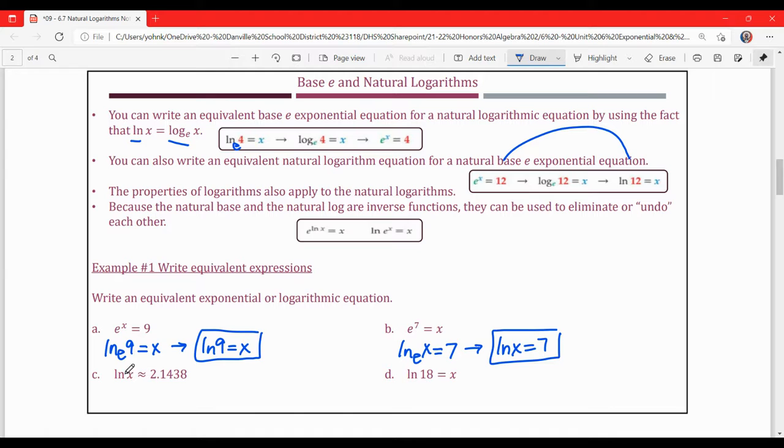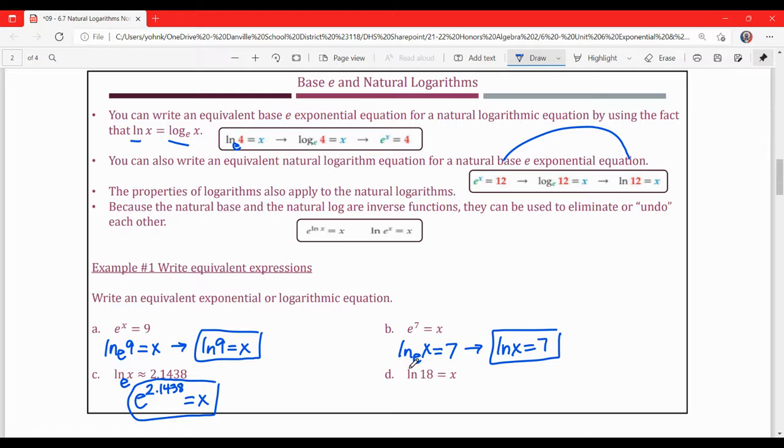If I look at letter C, ln x is approximately 2.1438. Remember, there's a little e right here that you can't always see because whenever it's an ln, there has to be an e. And so I can change this to exponential by saying e to the 2.1438 is equal to x.